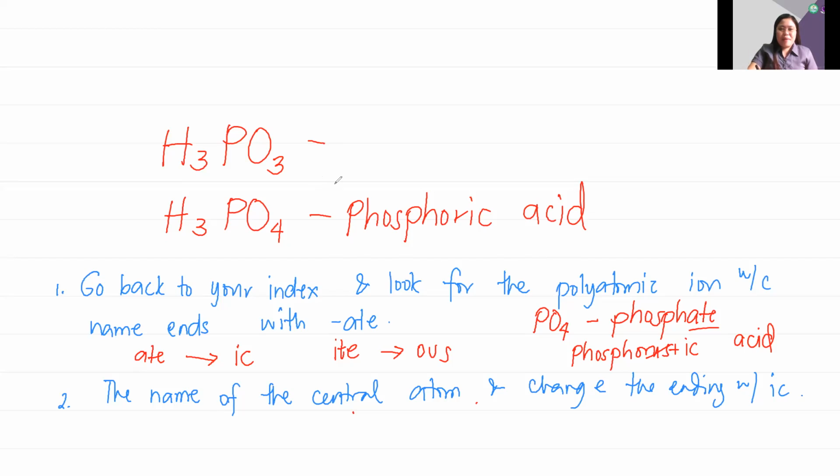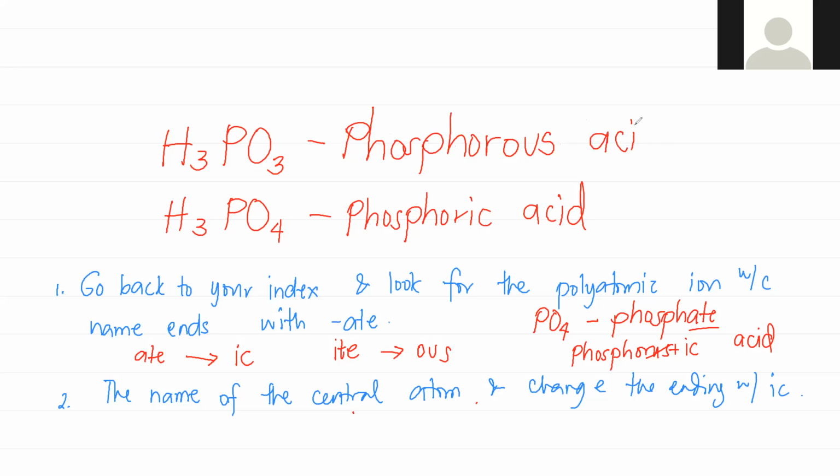What will be the ending pag -1 from PO4 magiging PO3? OUS. Phosphorus acid. So this is phosphorous acid. This is the phosphoric acid.